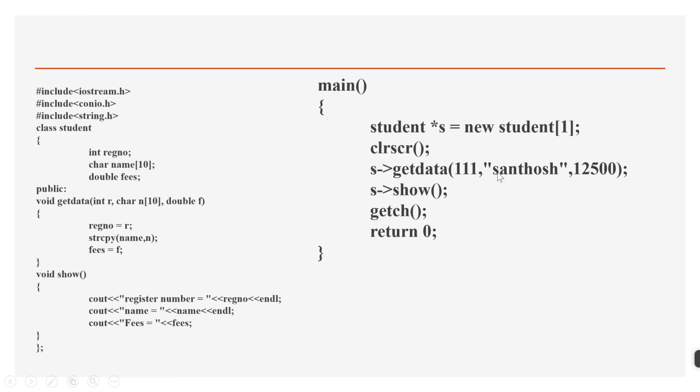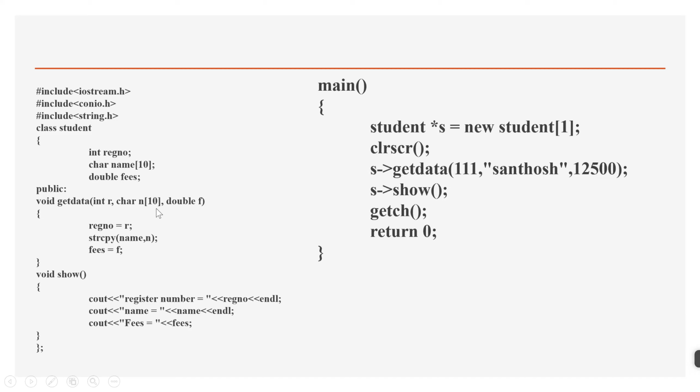Instead, I am passing the values from the main program using pointers. So it is passed by reference, not passed by value, so this function refers to the same memory location.